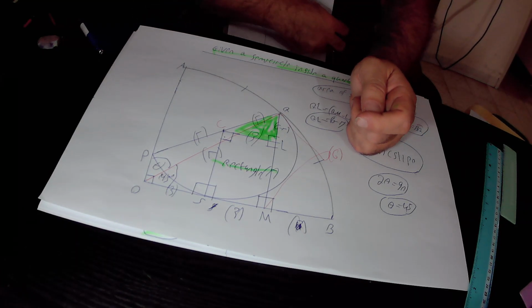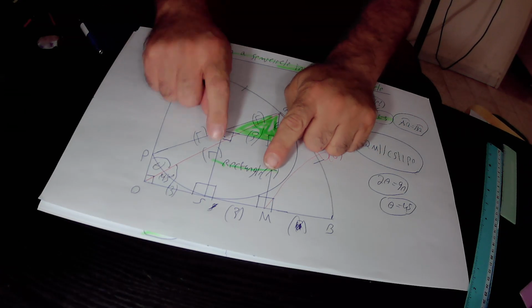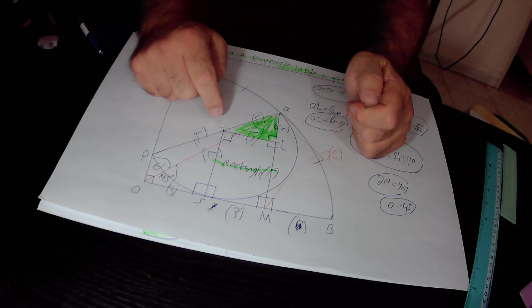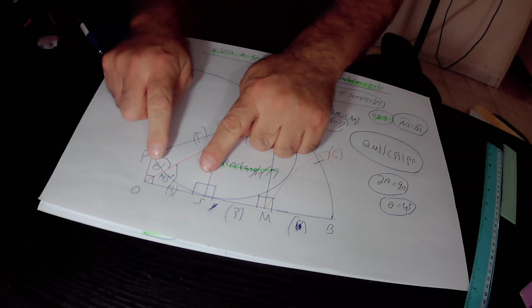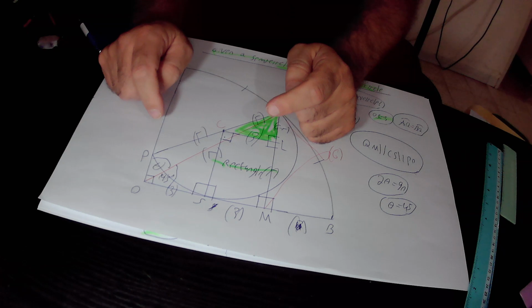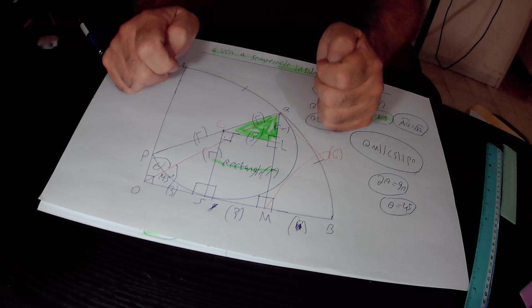So we can implement rule 22 in our drawing. When the sum of those two one-sided interior angles is equal to 180 degrees, they must be between parallels. That is to say, CS is parallel to QM. Likewise, PO is parallel to CS.